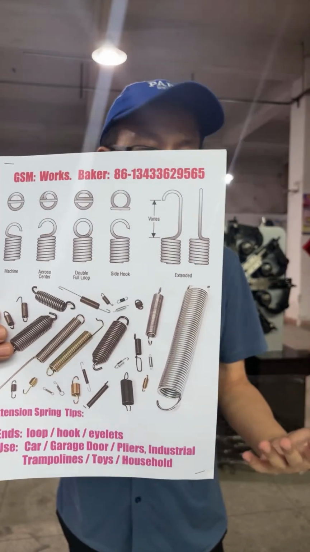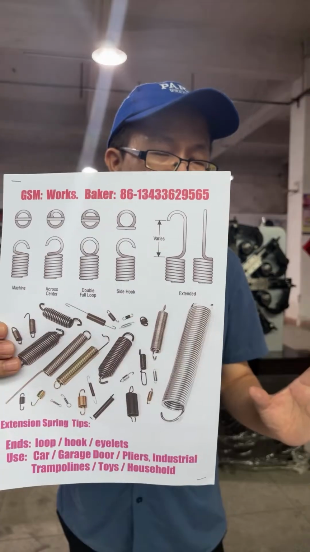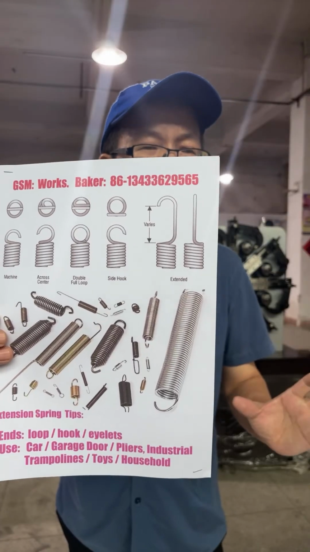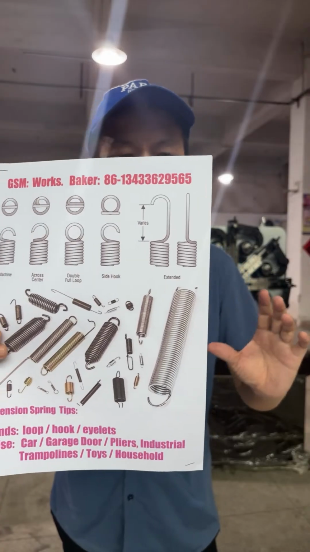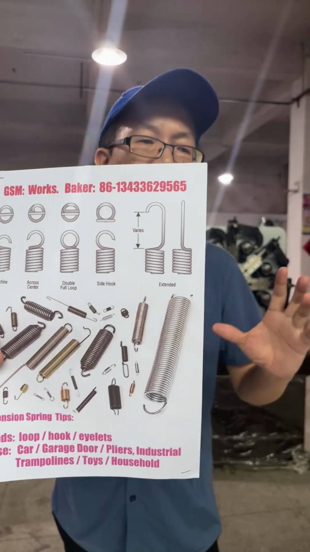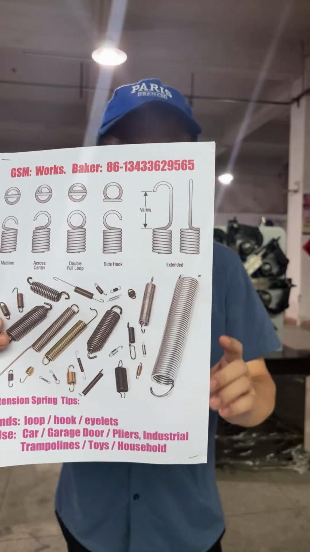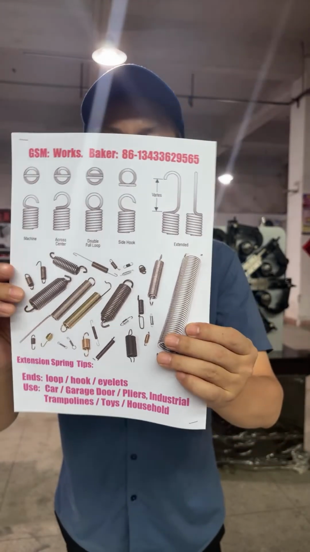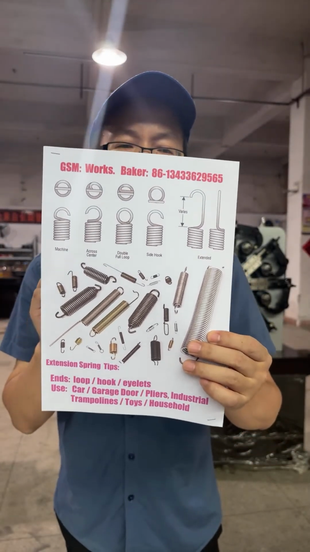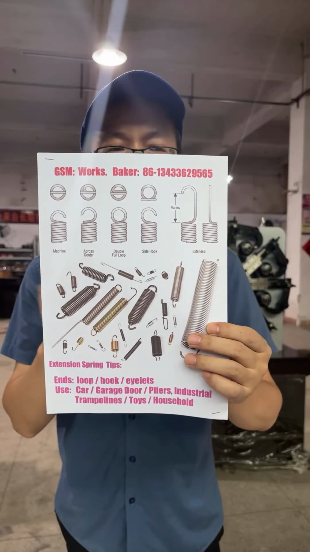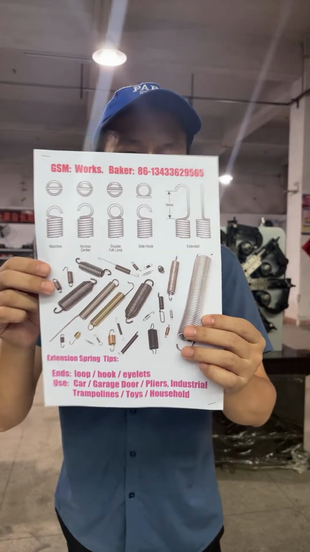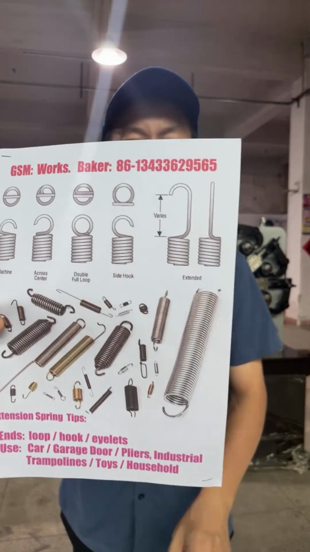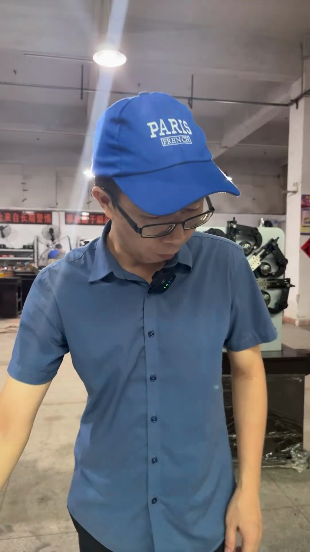For toys, for any age of the toys, many of them have the extension spring inside, in interiors or exteriors. Also for household use, for example, the simple hook extension springs. This is the extension spring usage example.